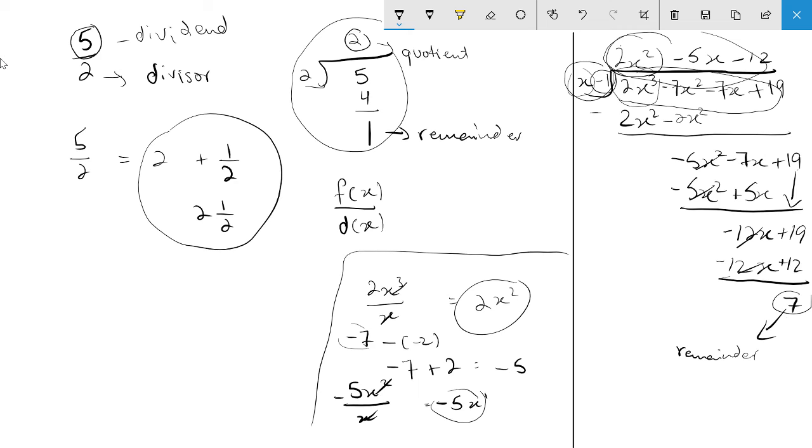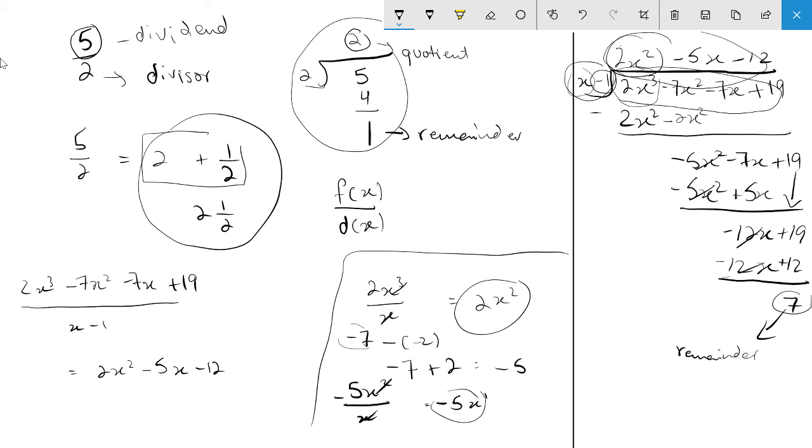So we could write this as follows: when 2x cubed minus 7x squared minus 7x plus 19 is all divided by x minus 1, we get 2x squared minus 5x minus 12 plus 7 over x minus 1. So this is our quotient plus our remainder over the divisor.